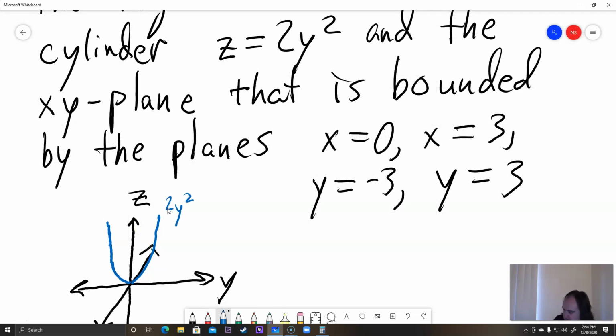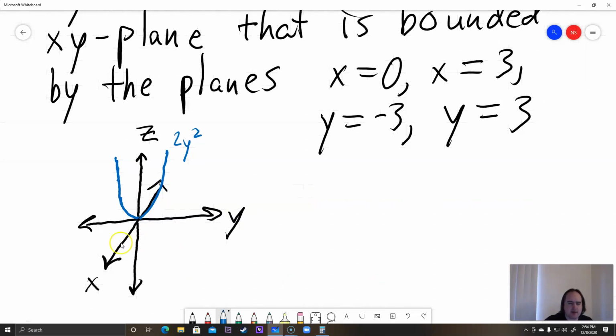That's 2y squared. And it also needs to be bounded by the xy plane. So the xy plane is this horizontal plane. So we're going to be starting at this horizontal plane, the xy plane, and we're going to be going up to z equals 2y squared.